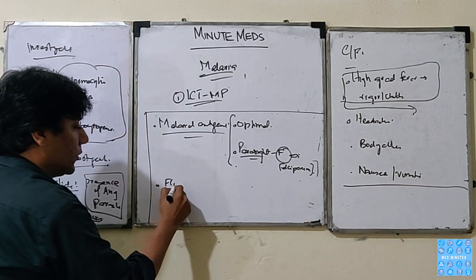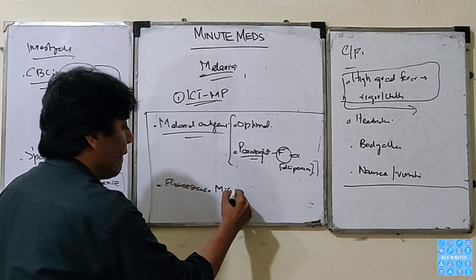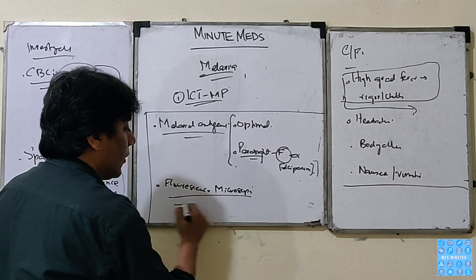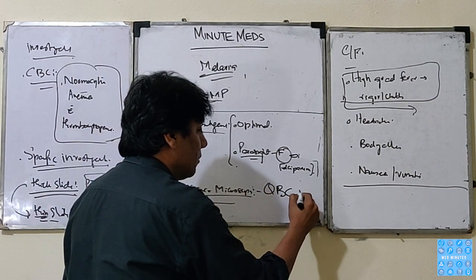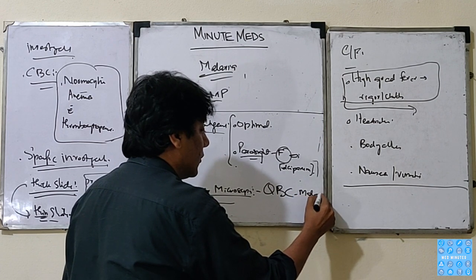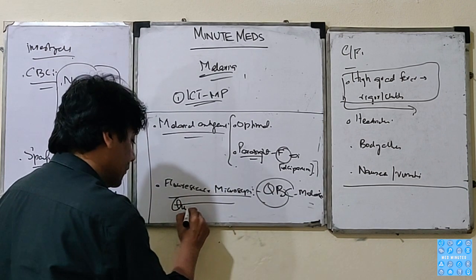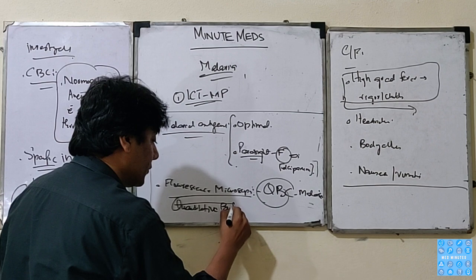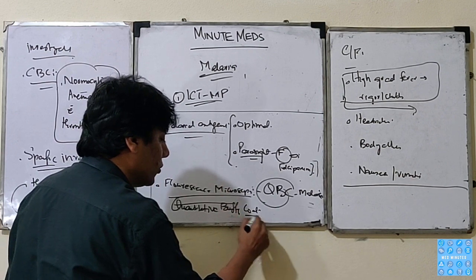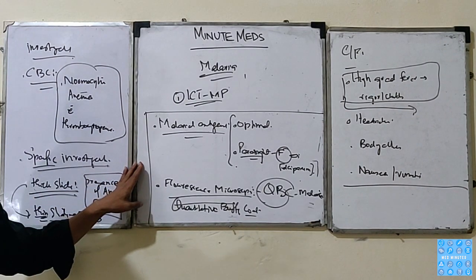Then we also have the modality of fluorescence microscopy, and this test is named the QBC malaria test. QBC stands for quantitative buffy coat. You don't need to go into the detail, but this is usually what is being done for the investigation of malaria.